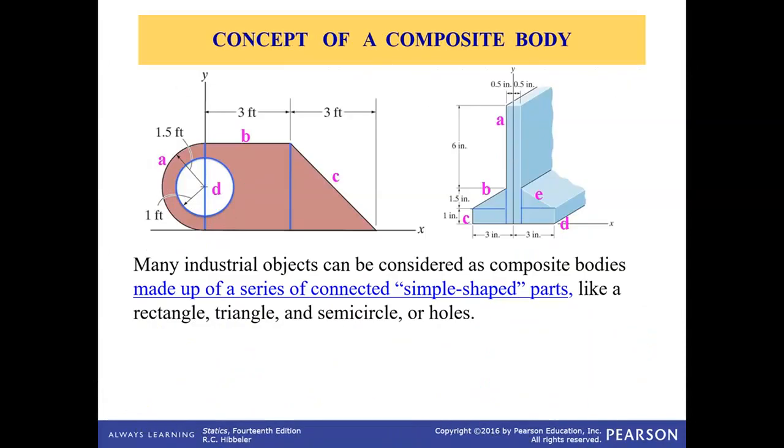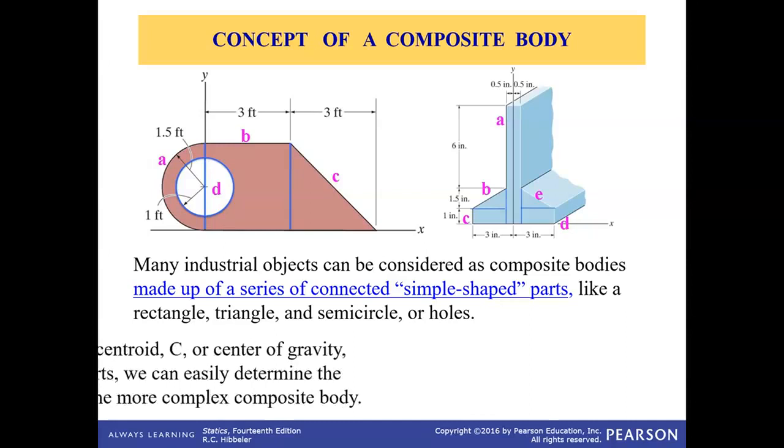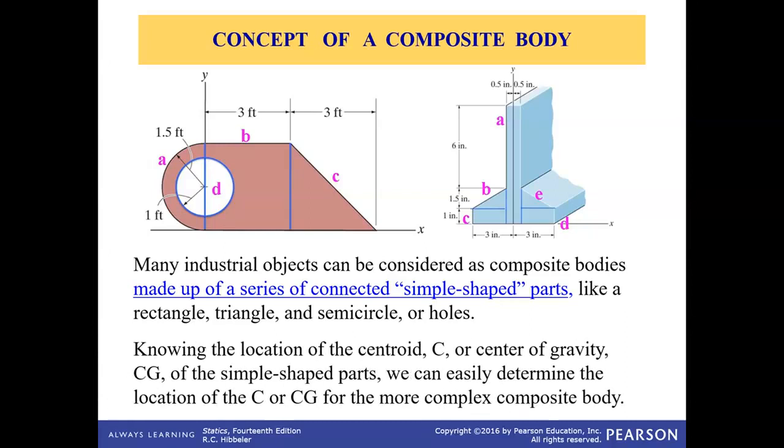Many industrial objects can be considered as composite bodies made up of a series of connected simple shape parts like rectangles, triangles, semicircles, or holes. Knowing the location of the centroid C or center of gravity CG of the simple shape parts, we can easily determine the location of the CG for the more complex composite bodies.